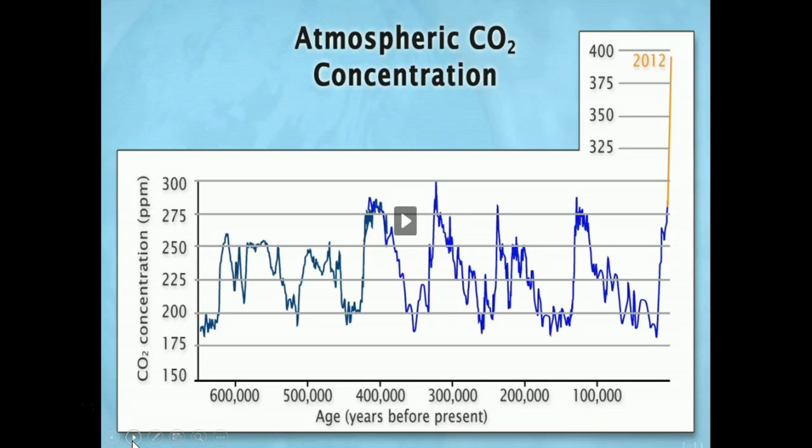Now, remember, anytime that you add carbon dioxide to water, what gets formed? Carbonic acid. So, as we put more CO2 into the atmosphere, the oceans are making more carbonic acid. As the oceans are absorbing that CO2, they're making more carbonic acid.